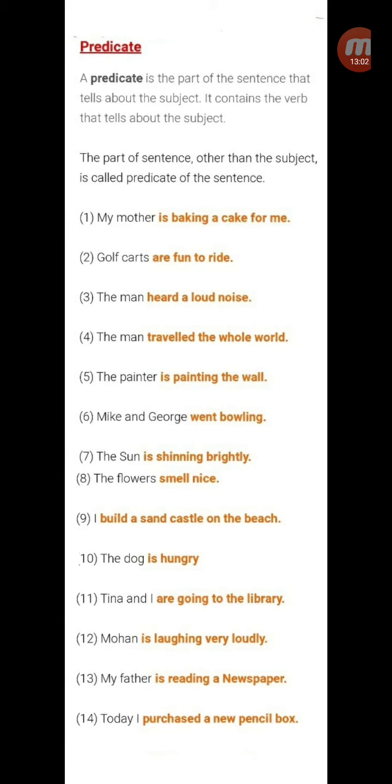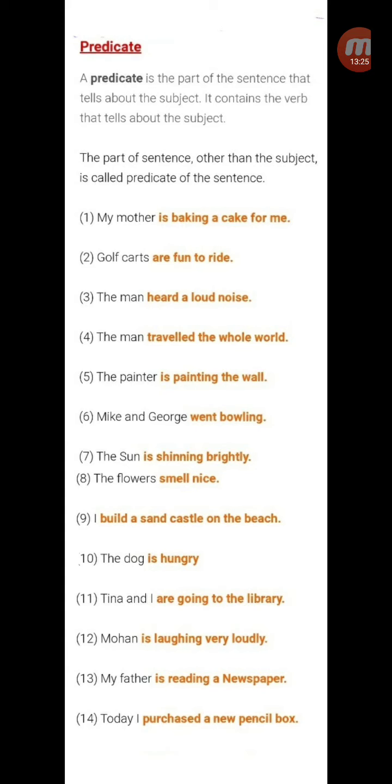Let's see the examples. My mother is baking a cake for me. Who is baking a cake for me? My mother. Golf carts are fun to ride. What is fun to ride? Golf carts. The man heard a loud noise. Who heard the loud noise? The man.